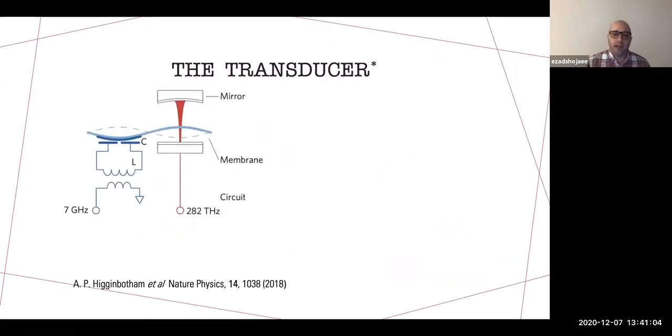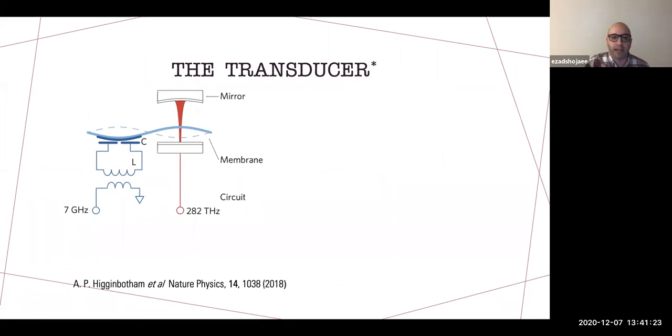So this is a schematic of the transducer that we are planning to use, or characterize and understand more, at least in the theory part of the collaboration. You can look at this paper out of Konrad Lehnert's group.